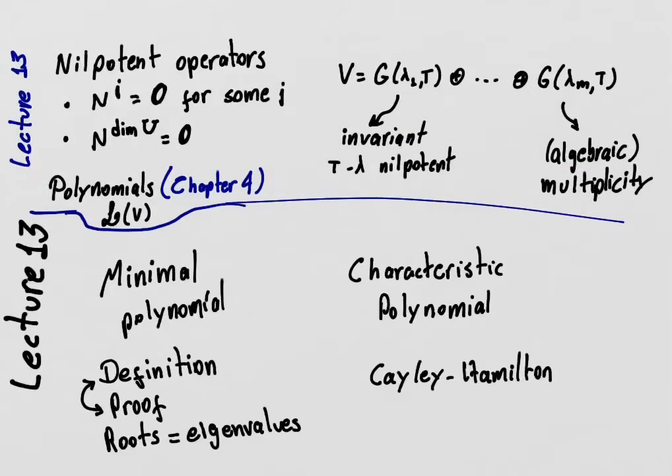The first part of the lecture today was pretty much independent of the rest, and it works for any field F. It doesn't need to be the complex field, using properties of polynomials and the fact that the set of linear operators on a finite dimensional vector space V is itself a finite dimensional vector space. We defined what the minimal polynomial of an operator is.